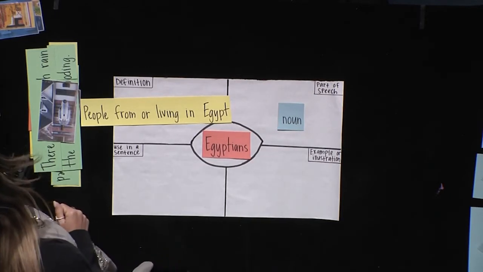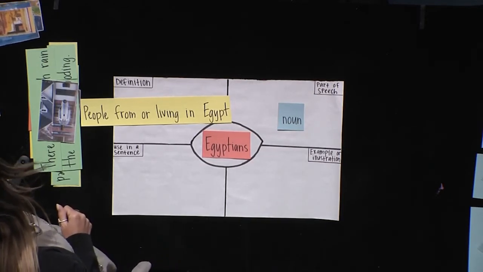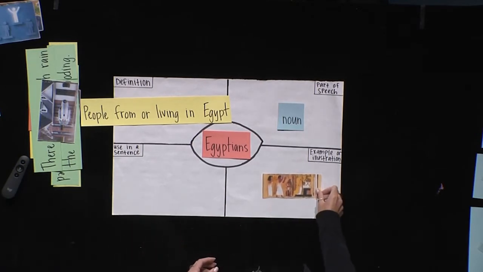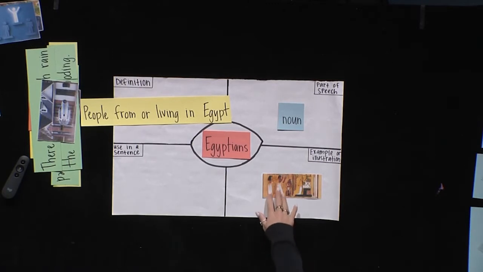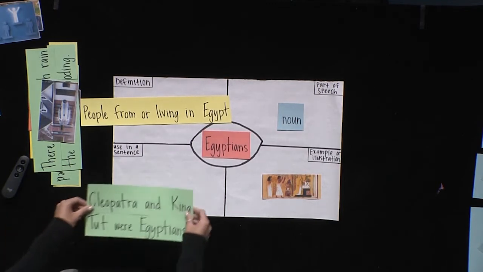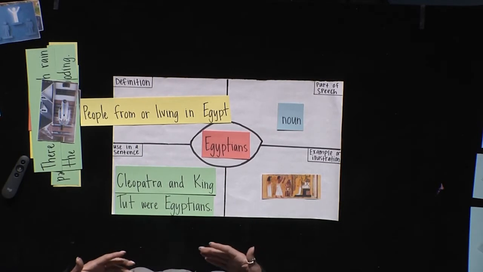We have a picture. This is kind of more of a drawing. But a lot of times when we look at Egyptians, we see these people and they have on white outfits and lots of gold, and they normally have headpieces. So this is a good visual of what Egyptians looked like back in the day. So my sentence says, Cleopatra and King Tut were Egyptians.